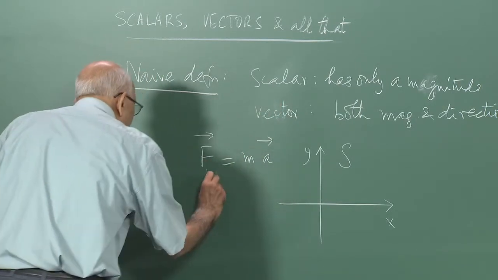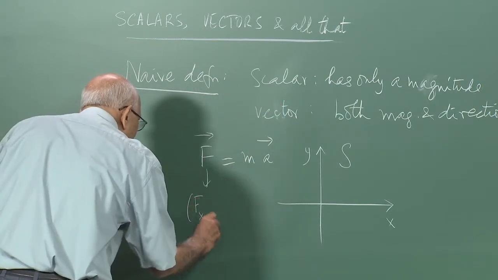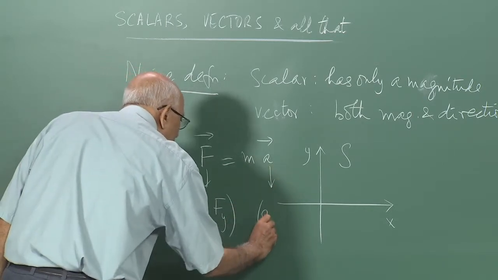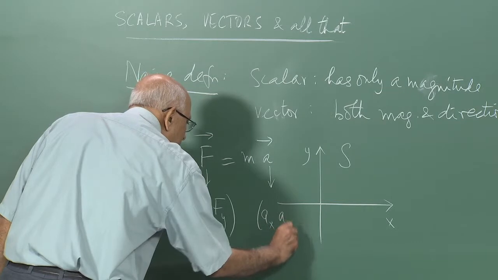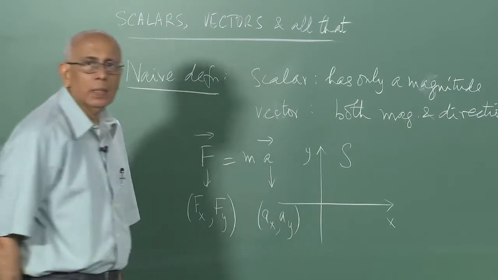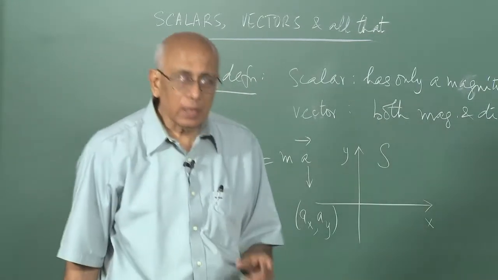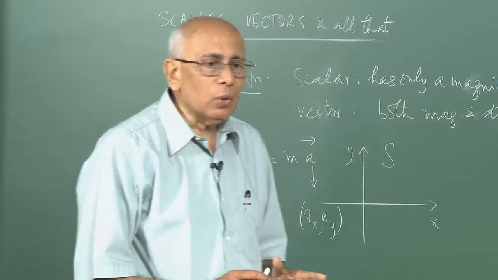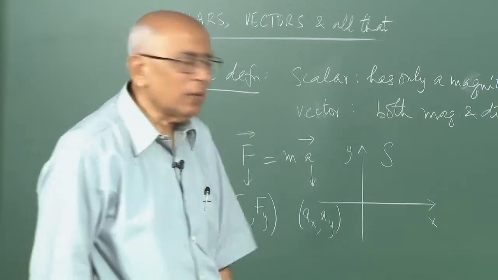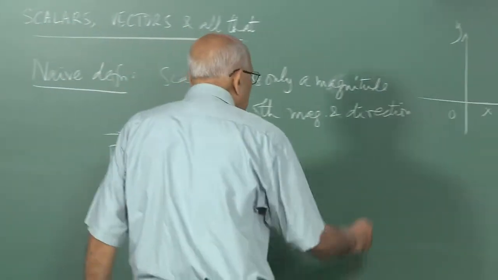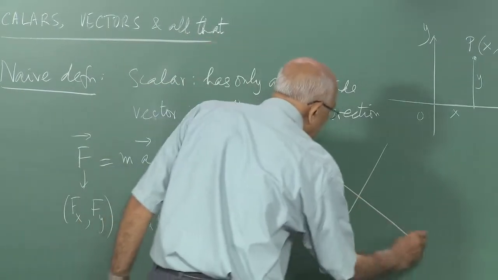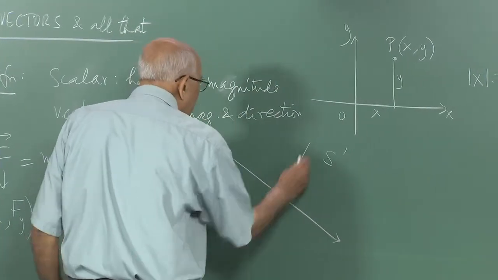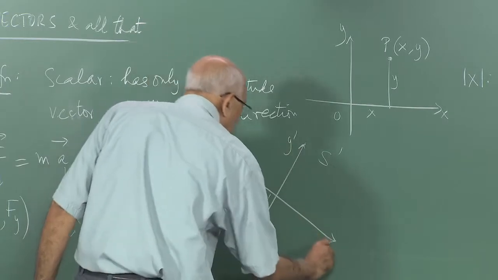So let me write it this way: f subscript x, f subscript y, and this quantity a has two components, ax and ay. Okay. On the other hand, the same physical force on the same physical body with the same mass could be examined in some other frame of reference. So there could be a coordinate system for an observer S prime whose origin is sitting here, O prime, and this is y prime and this is x prime.